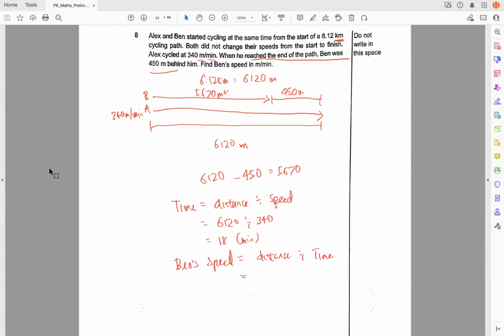So 5,670 meters divided by 18 will be Ben's speed, 315 meters per minute. This is the answer.